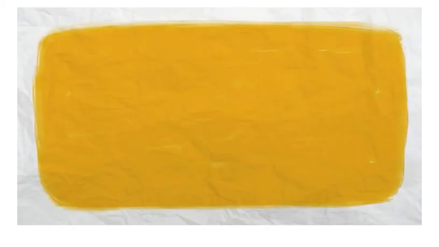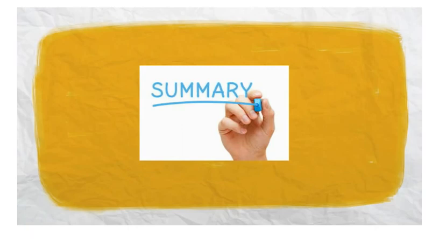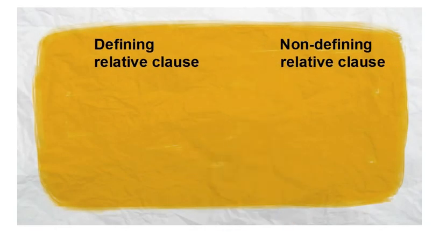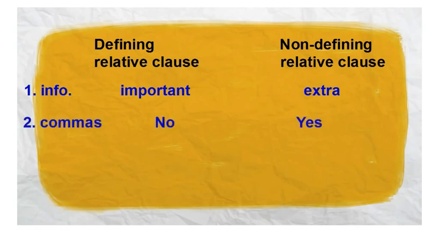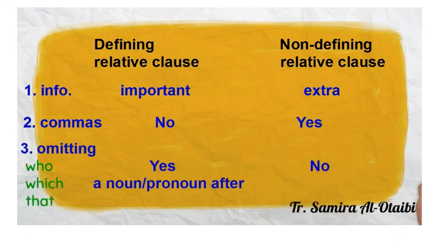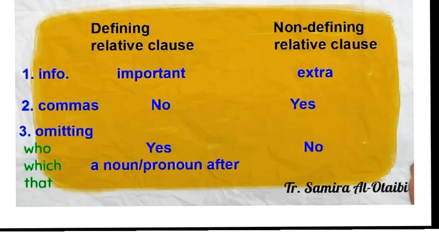To sum up our lesson today, we can say that there are three main differences between defining and non-defining relative clauses. Number one, the information in the defining relative clause is important, but in the non-defining relative clause, it's not important, it is extra information. Number two, the use of commas.